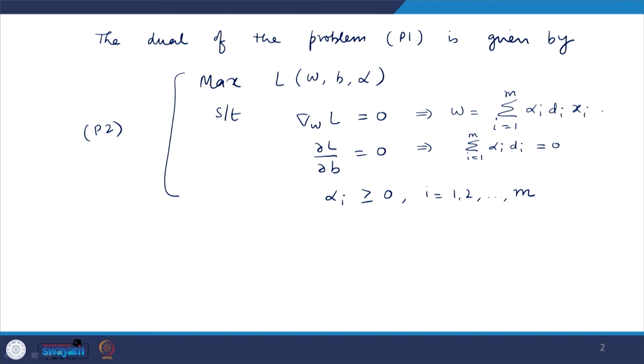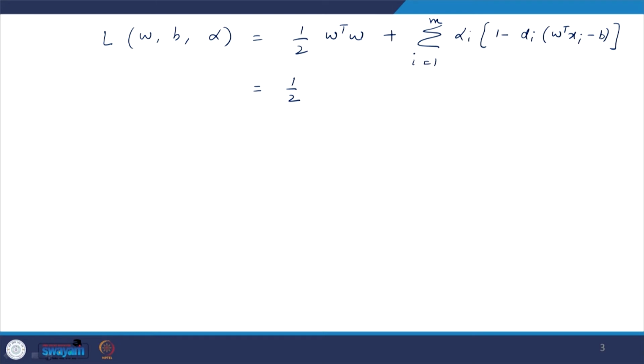So, W transpose W comes under a double summation: summation i from 1 to m, summation j from 1 to m. For one W I am using index i, for another W I am using index j.